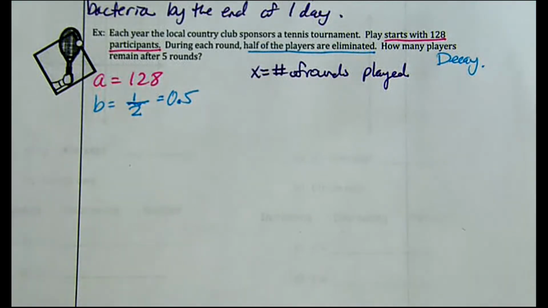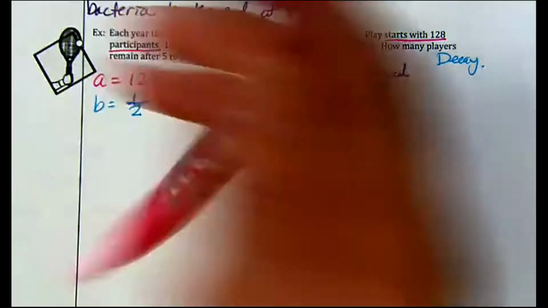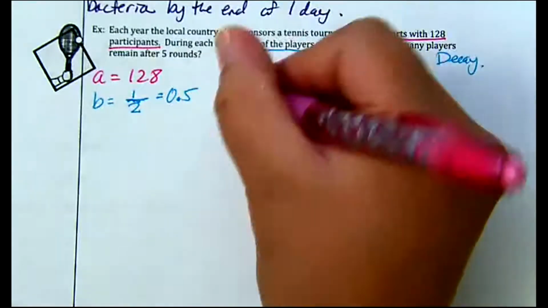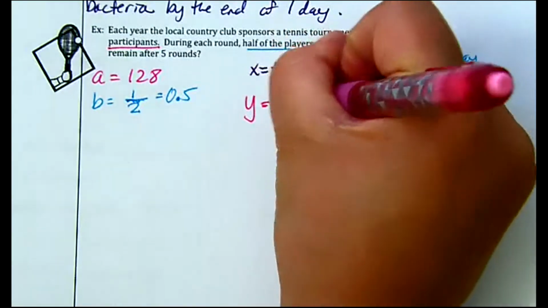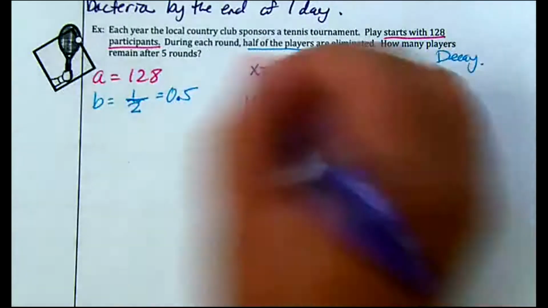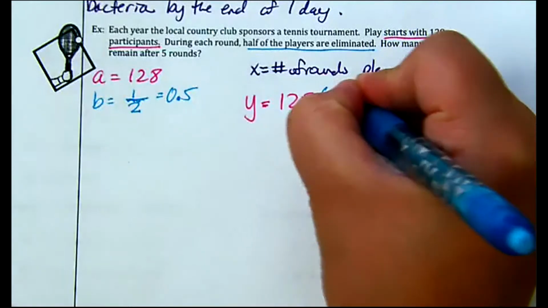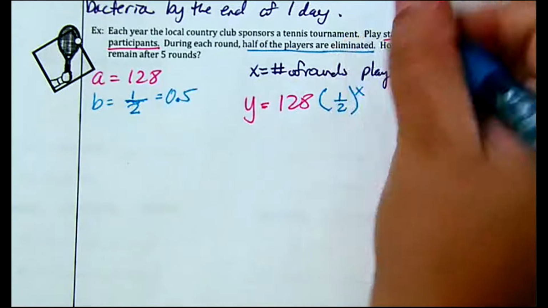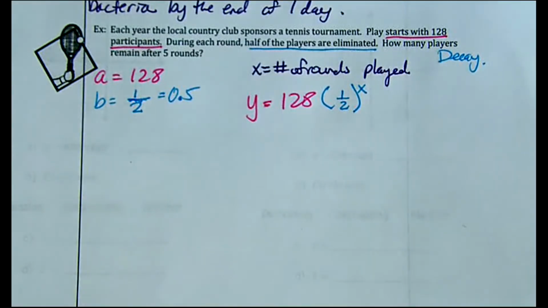But we need to know 5 rounds. So our function here is very simply y, or f of x, equal to 128 for my A, times my decay rate here to the x power, where x represents the number of rounds played.